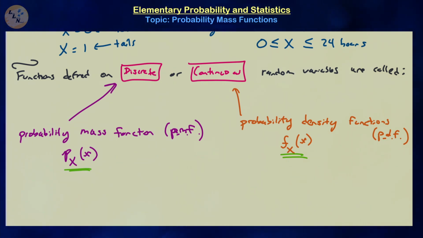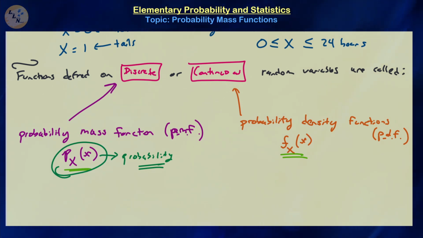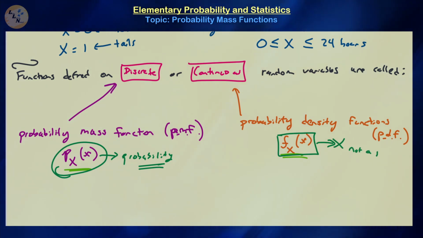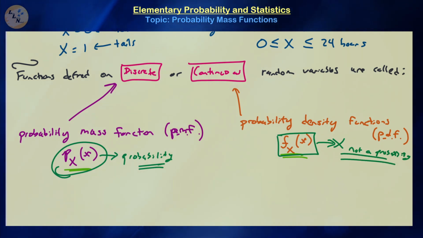When you plug a value x into a probability mass function, you will get a probability. But if you plug a number x into a probability density function, you will not get a probability. So you may ask, well, what exactly do you get? Well, we will spend time on probability density functions at a later time. But for now, our focus will be discrete random variables and PMFs defined on them.